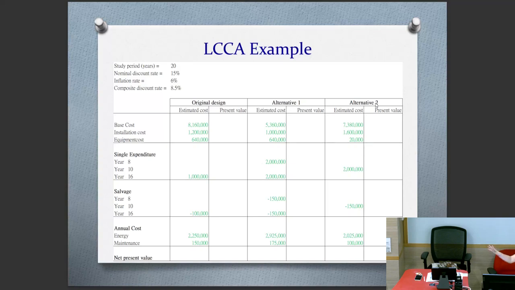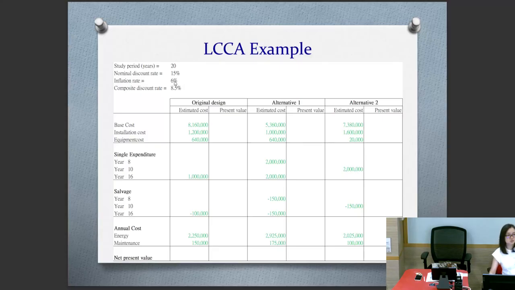So after 20 years, we can no longer utilize the equipment and we have to dispose all the equipment. So we assume the lifetime is a length of 20 years. And we also have the assumption of the discount rate, 15%. So this is D, the simple discount rate. And we assume the inflation is 6%.